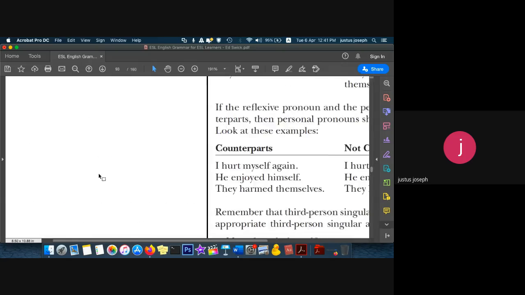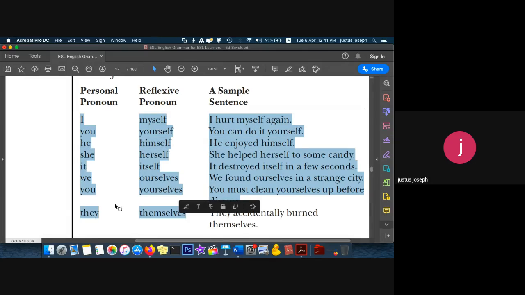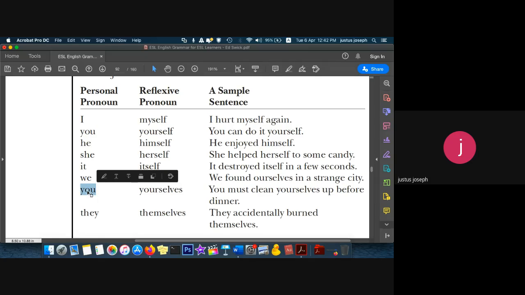If you are getting confused, guys, please note this down. At least note these two down: what is a personal pronoun and what is a reflexive pronoun? All you need to do is, when you see you in plural, you have to use yourselves. When you use you in singular, you will use yourself. He, she: himself, herself. If you get a name, it is similar to he or she.